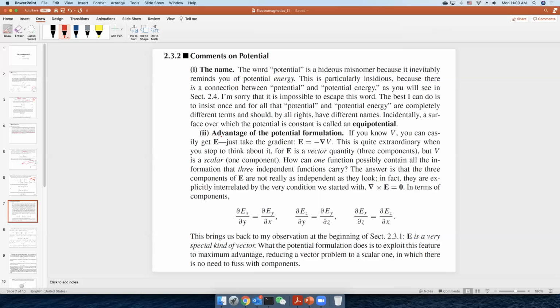Second, the advantage of potential formulation. You can easily get E: just take the gradient, E equals negative gradient of V. E is a vector, but V is a scalar.